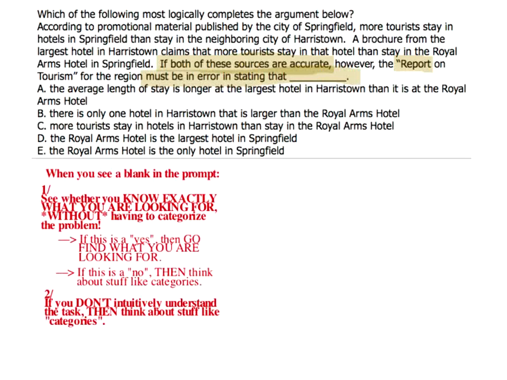There it is. That's what you want to find. There's no need for a category there. So we want something that must be wrong if the other two statements are things.